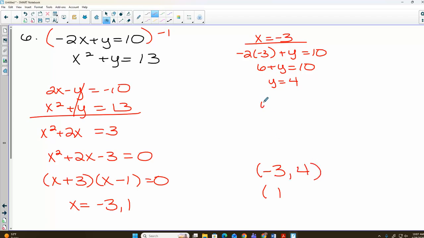If I plug in a 1 for my x, then I get my y to be 12.